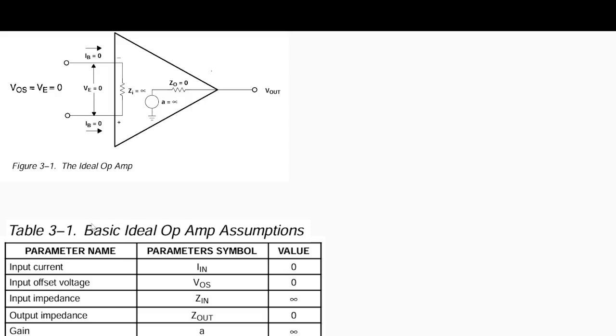These are the basic ideal op-amp assumptions. And why do we make such assumptions? Because this will help us do adequate and easy mathematical signal analysis for the respective circuit. We will see how it does it.